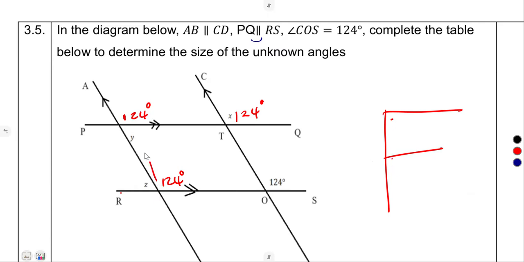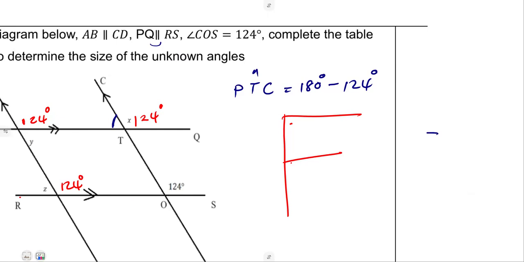To find Y, we can use 180 minus 124 for angles on a straight line. We can consider alternate angles if you have calculated the angle at T. You calculate angle PTC: 180 degrees minus 124 degrees, angles on a straight line.